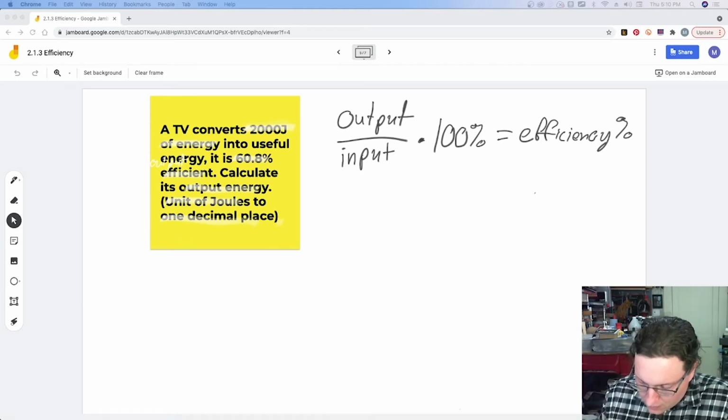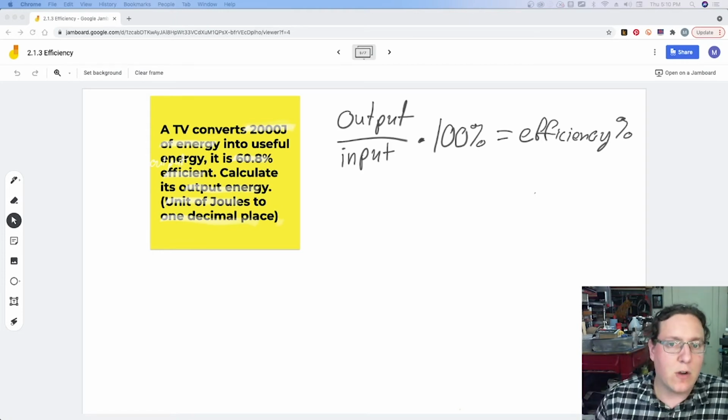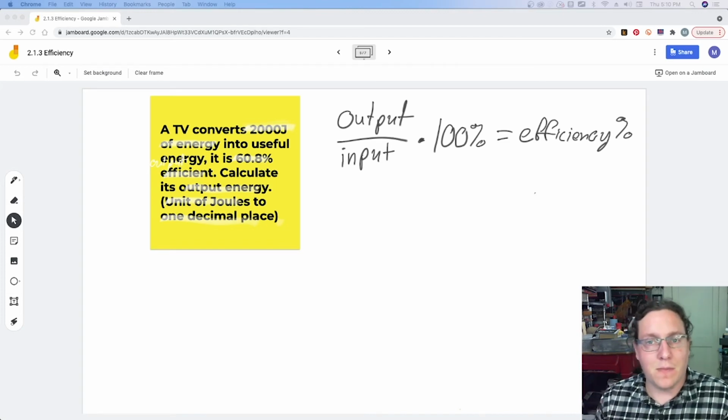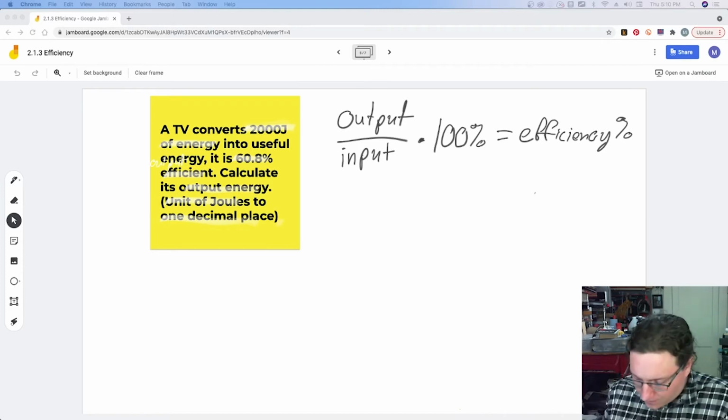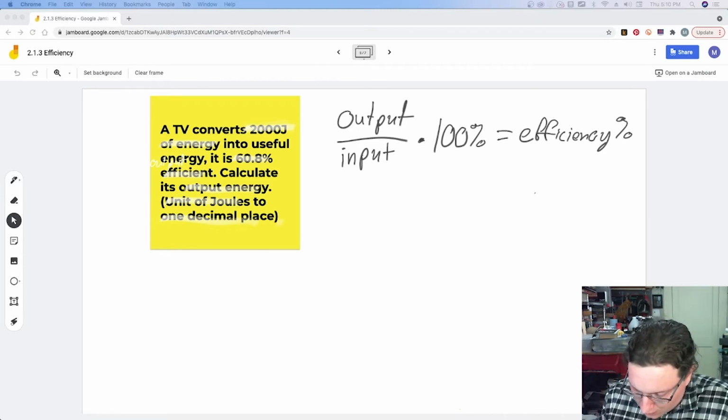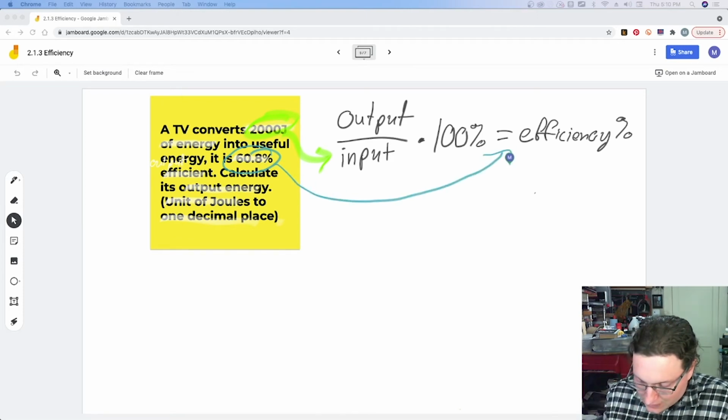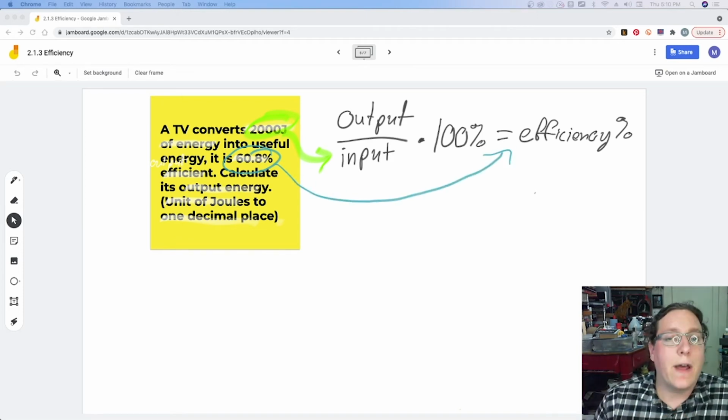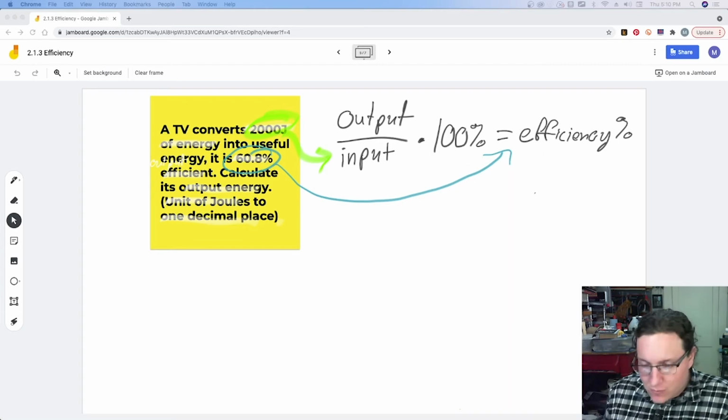So what we do is we start connecting the data in the problem to the problem and the equation itself. So we know that the 2,000 joules goes down to our input, our efficiency of 60.8 is going to go over to the efficiency calculation. So we can go ahead and write out these values.